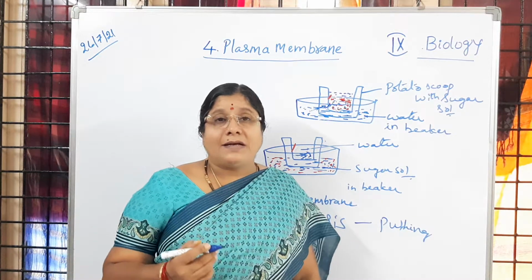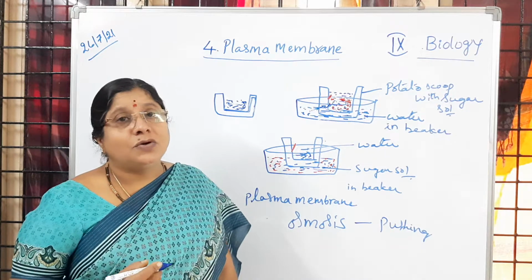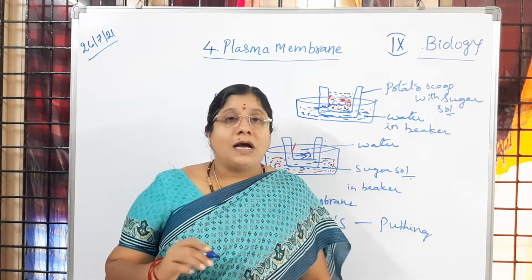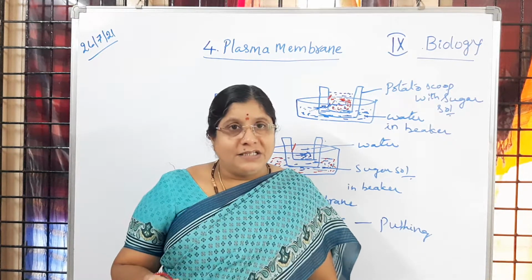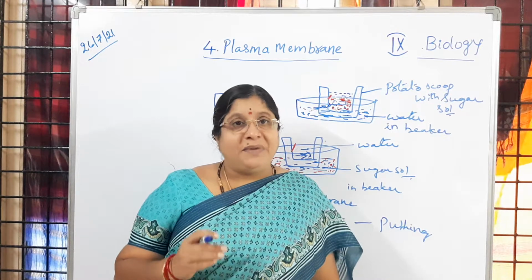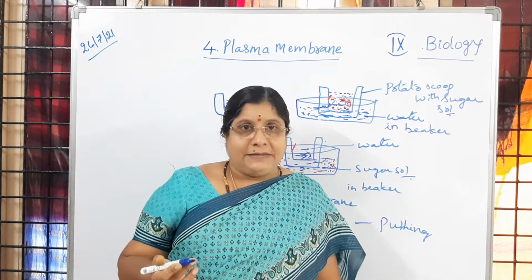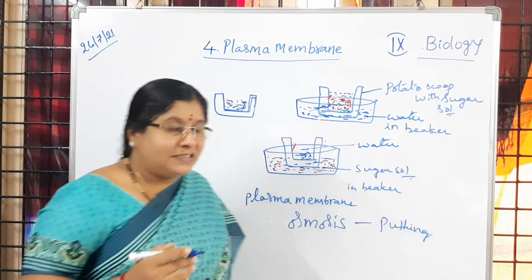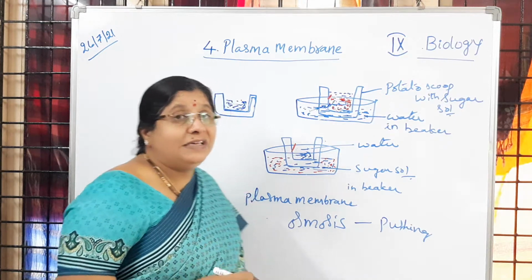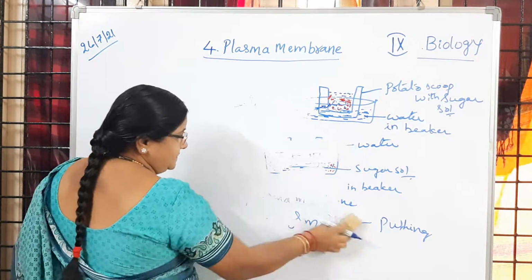In the same manner, in the living system, the cells are also allowing water or other materials to enter inside the cell or exit the cell. It is happening. Is it clear to you? Now how that process is happening through the living cells, we are going to discuss with some other activity.